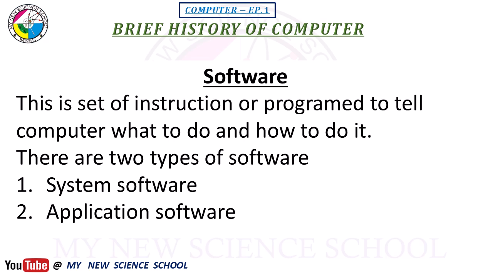System software are types of software that the manufacturer puts on the system. For example, you bought a new phone. Your phone must come with some applications that you cannot remove, something like settings, something like file manager, something like torchlight.